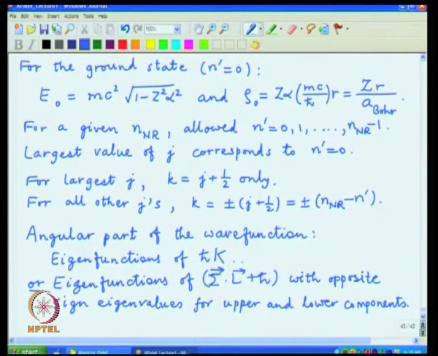One can rewrite it in the same way, so that the operator involved here is sigma dot L plus H cross, 0, 0, and minus sigma dot L plus H cross.